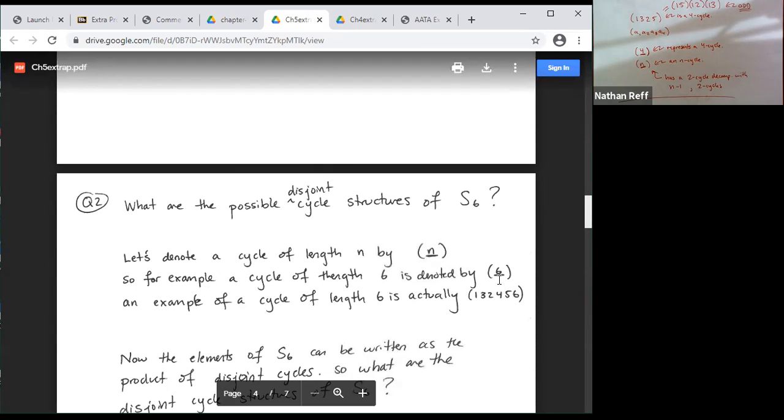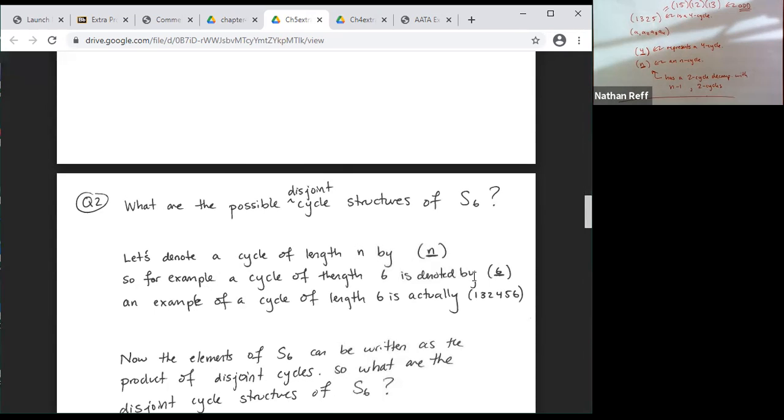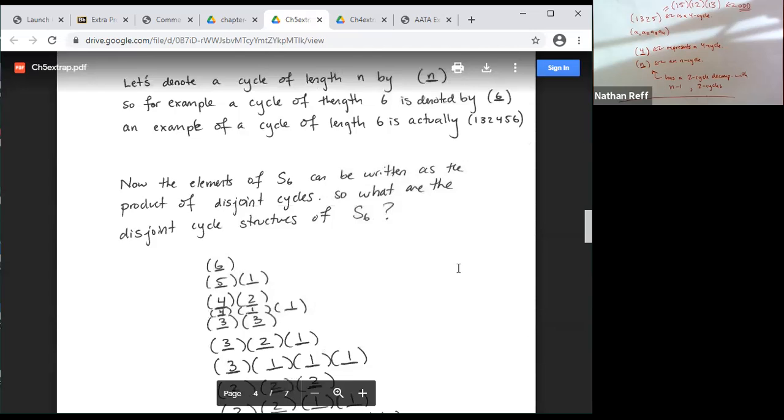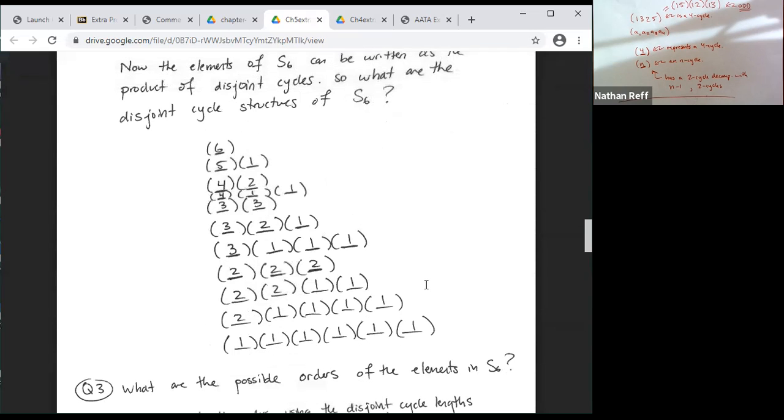I mean, 6 factorial, you would not want to write out all the elements. So instead, you can organize them into groups based on how long each of these cycles are. In other words, what you'd end up with is this collection. You would have elements in S6, they may be a cycle of length 6, right?